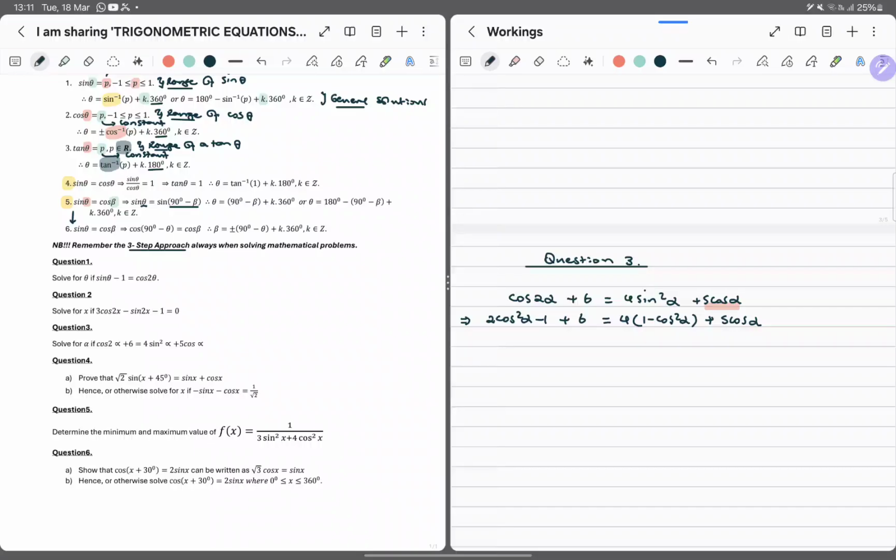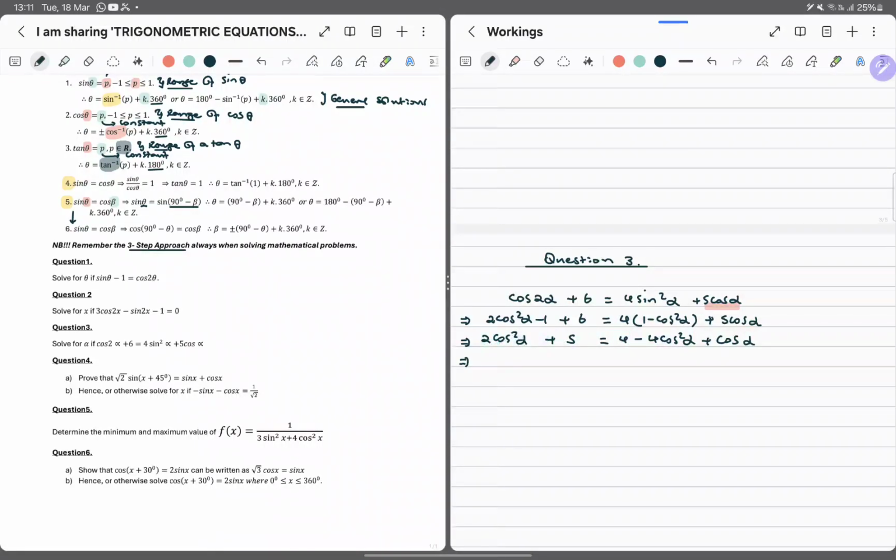So a bit of inspection is useful here. Alright, so we have 2 cos squared alpha, and in fact, we can just sort this out. These are like terms. Minus 1 plus 6 is just plus 5 equals, with FOIL, this is 4 minus 4 cos squared alpha plus 5 cos alpha.